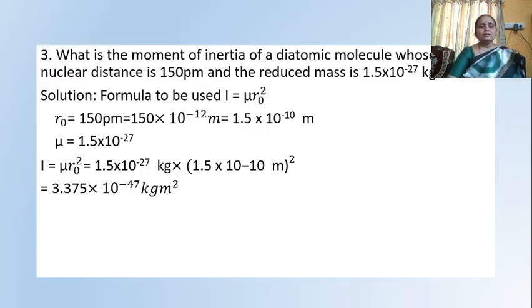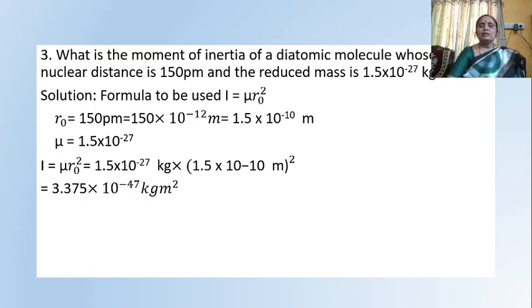Next problem is, what is the moment of inertia of a diatomic molecule whose internuclear distance is 150 picometer and the reduced mass is... here I am given internuclear distance, that is 150 picometer, and reduced mass mu is equal to 1.5 into 10 raised to minus 27 kg. I am going to use the formula I is equal to mu r naught square.